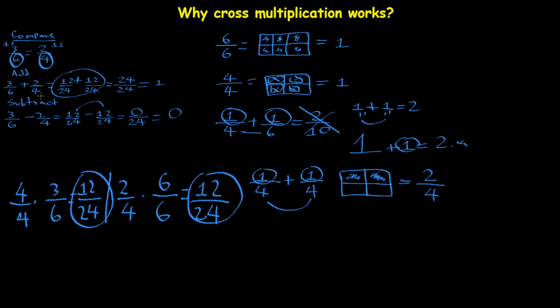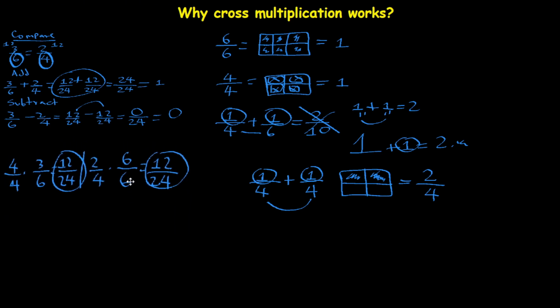Again, the same for addition. Let's do the addition. Let's shrink this a little here. So we follow the same process. We have 3 over 6 plus 2 over 4. If we multiply the denominators, we are going to get 24 on the bottom, and the numerators we are going to multiply.